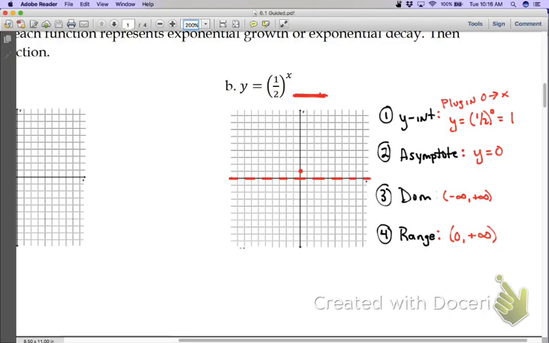Now, the one thing I will tell you whenever we have decay is if I plug in a value for x, if we know that we have a point at 0, 1, and then you just go with 1, what's 1/2 to the first power? 1/2, right?